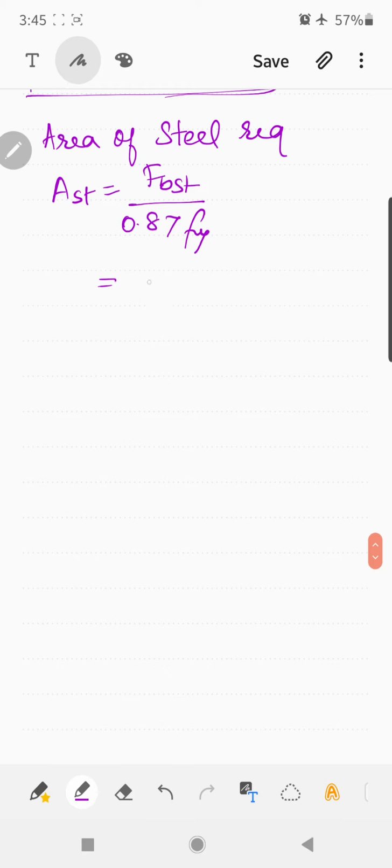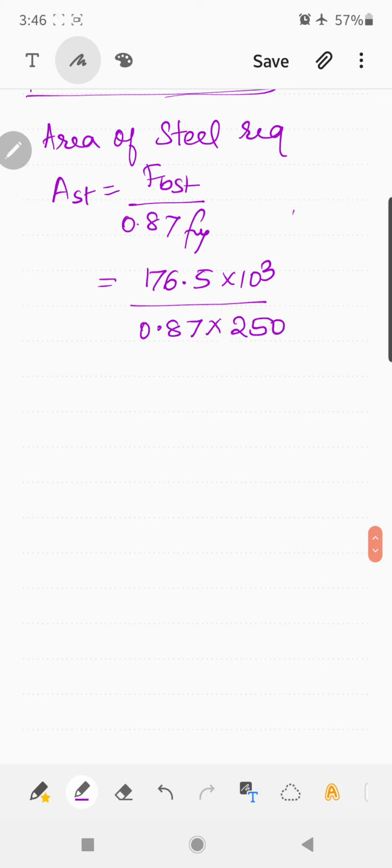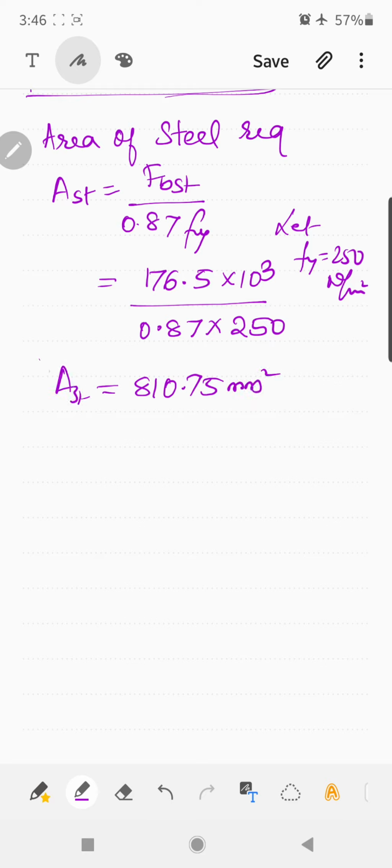You can take HYSD if you want; if it is not mentioned, take the minimum value as 415. So FBST is 176.5 into 10 to the power of 3, divided by the design strength 0.87 Fy, with Fy equal to 250 Newton per mm square. You'll get the area as 810.75 mm square. This is the AST required.